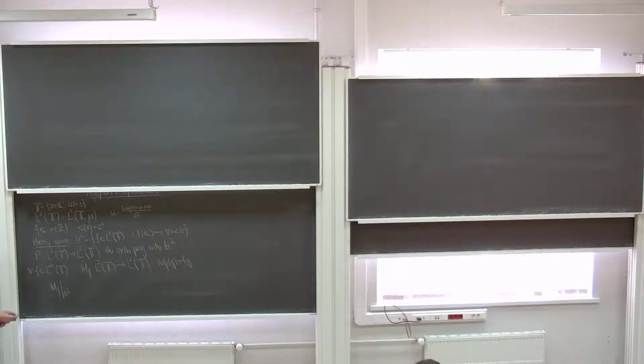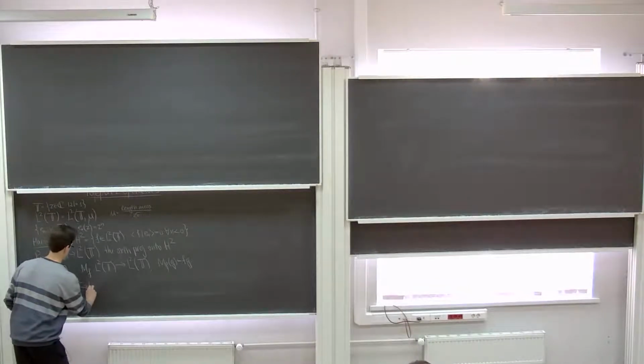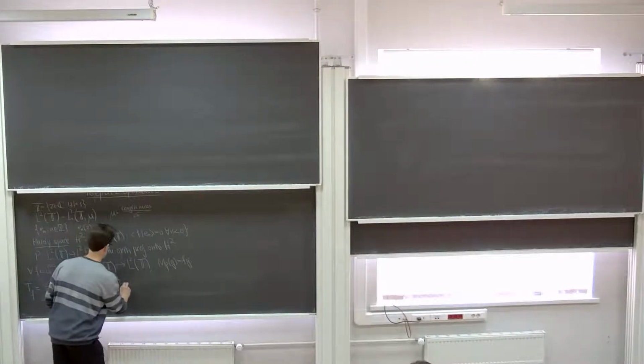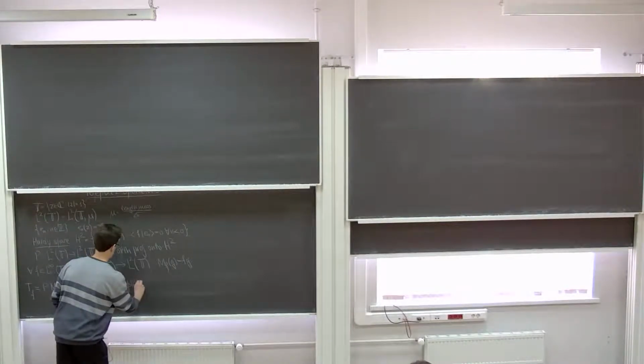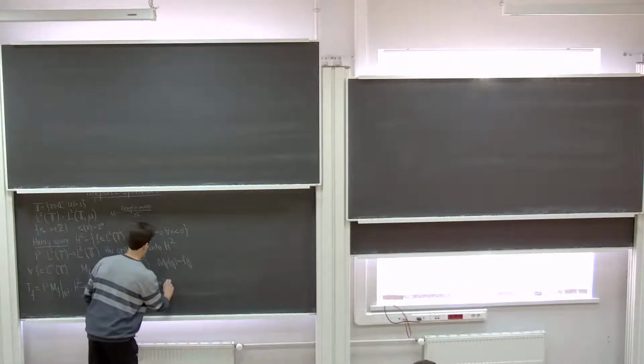So to get an operator which acts from H2 to itself, we simply compose this operator with P. And the resulting operator is denoted by T_f. It acts on the Hardy space, and it is called the Toeplitz operator with symbol f.